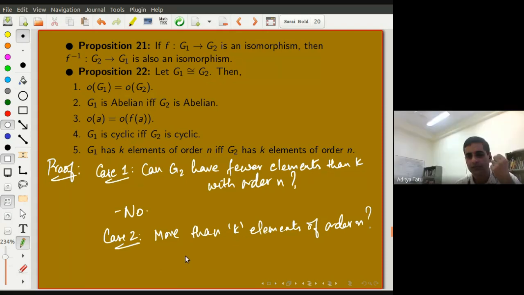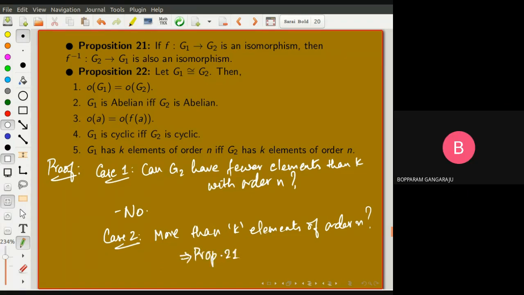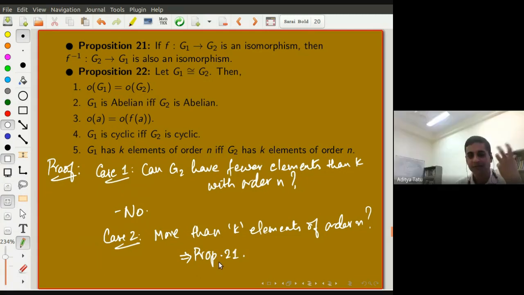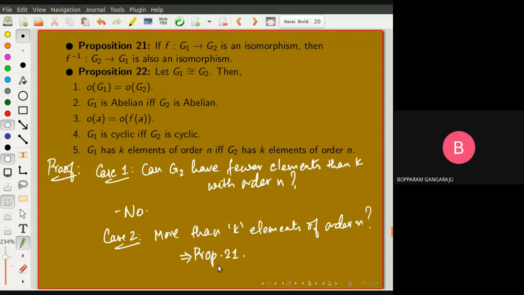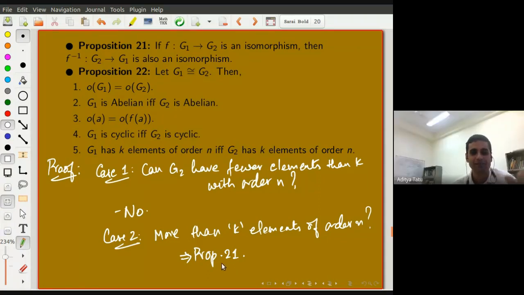So in other words, what are you using? Proof by contradiction. Okay, in some sense you're using proposition 21, right? Yes. So again, it is sort of trying to use proposition 21 wherever possible.